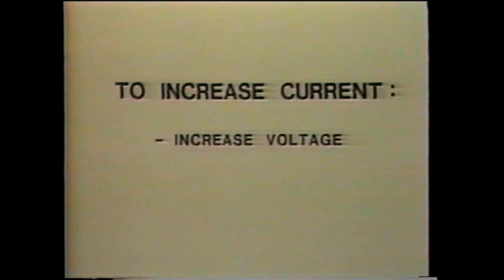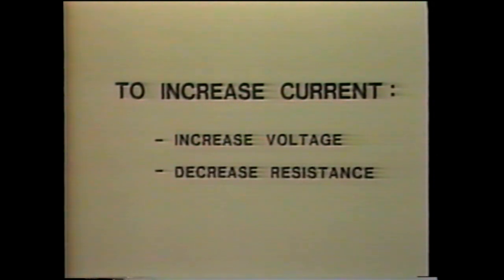In this circuit, we've been discussing direct current, or DC. In DC circuits, current flows in one direction only. So, what have we learned so far? Well, if we wish to increase current, we must 1. Increase the voltage, or 2. We can decrease the resistance of the circuit, or 3.